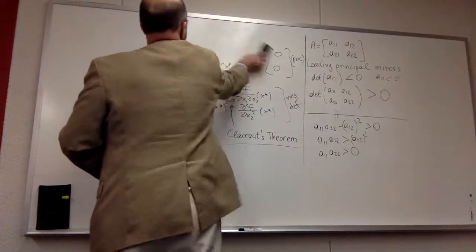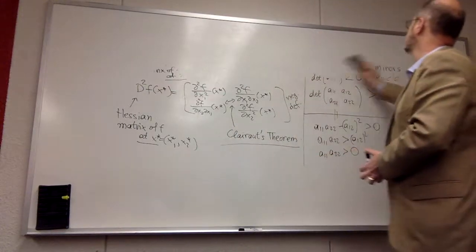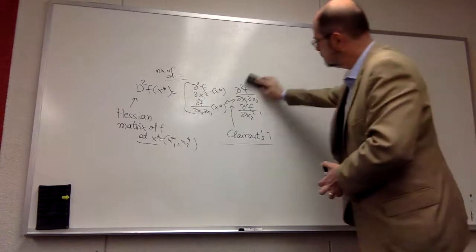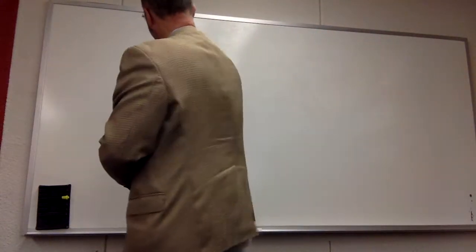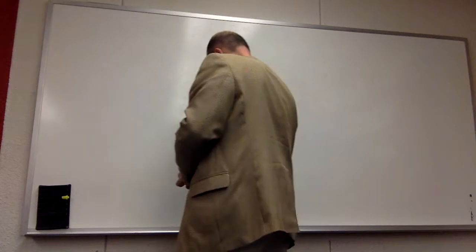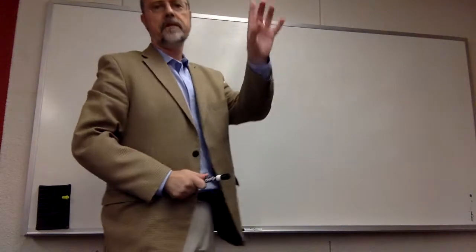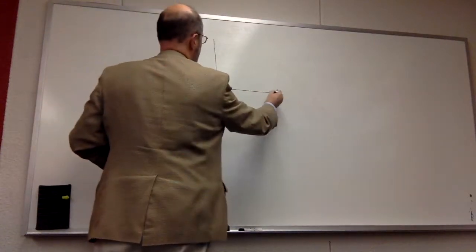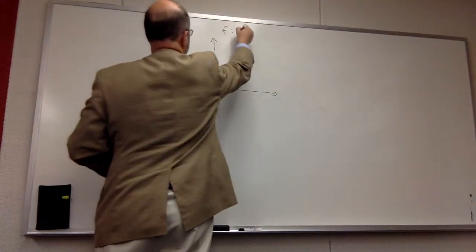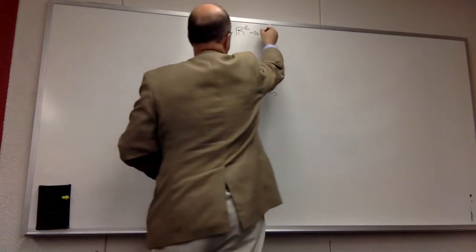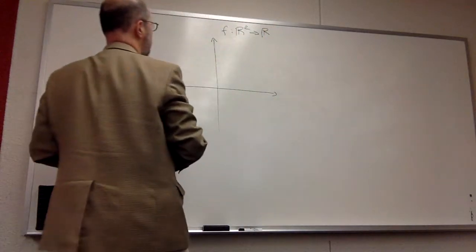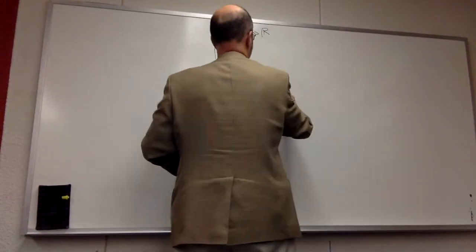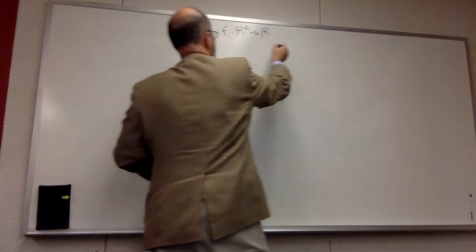First, let's start with a non-constrained problem. So suppose I have a function defined, let's say, on R2 to R, and I will give you a concrete example to make my point.